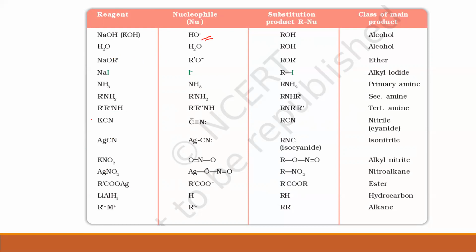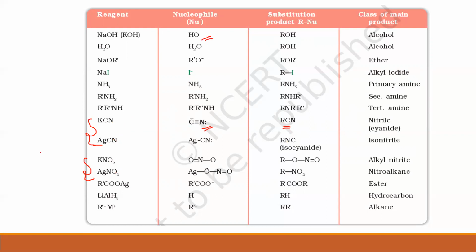I want you to focus on these two and these two. Clear? KCN, AgCN, KNO2, AgNO2. Clear? Now, I want you to look at the products obtained. If KCN reacts with RX, product obtained is RCN, which means CN minus is the nucleophile.